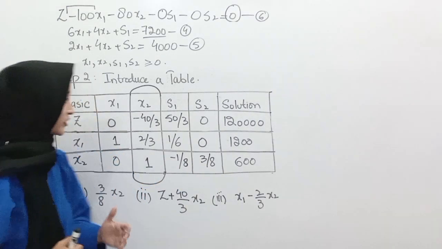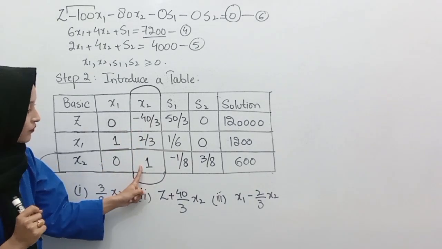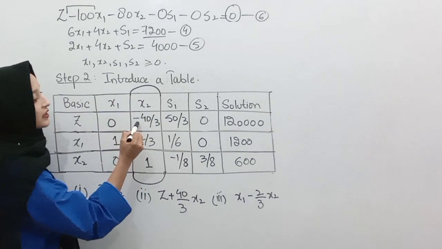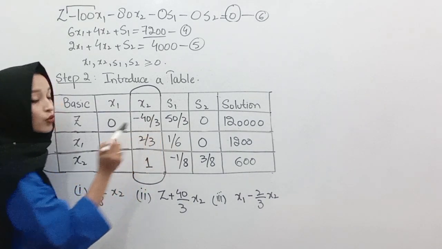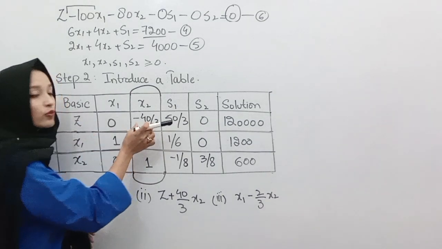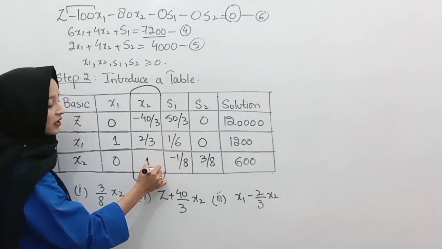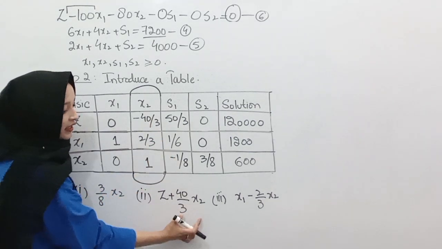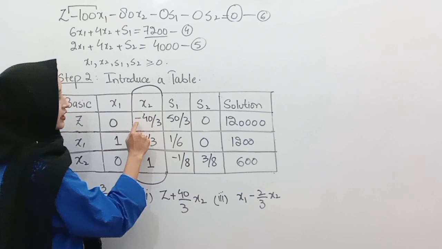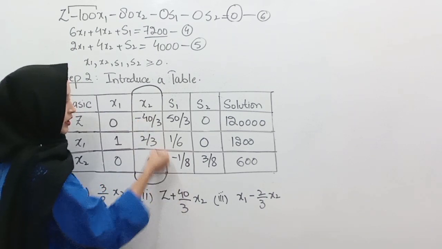Okay, so now first make this term 0 using this row. As you see, there is a term minus 40 by 3. So if you add the term 40 by 3 to this term, it will give you 0. For that purpose, you have to multiply this term by 40 by 3 as I did here. And as you see, there is already a negative sign here, so we need a positive sign here to make it 0.